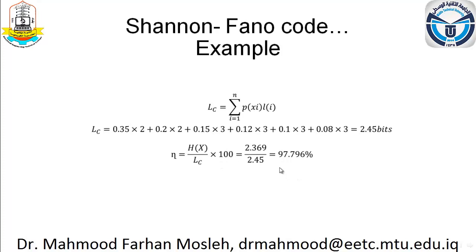We see that the efficiency is very high for this type of code, equal to 0.97, which is very high compared with other types of source coding that have lower efficiency. As we see now, it is very high, so the redundancy is very low.